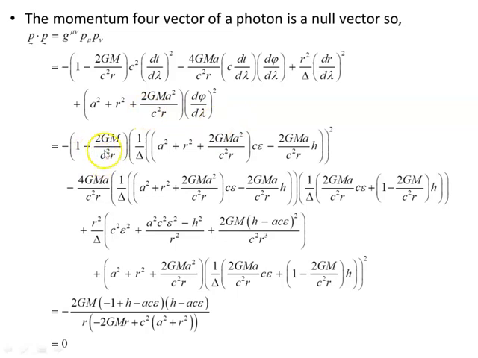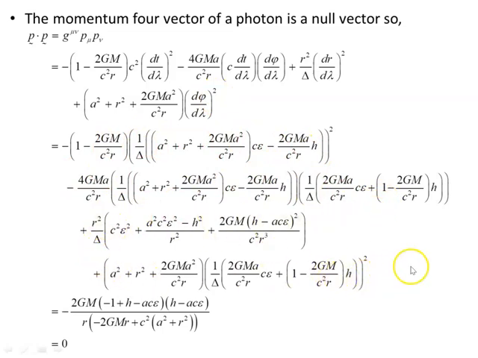Okay, expanding that out, because we're putting in the results we've obtained on the last two slides: dt d lambda is t dot, put that in there, phi dot in here, t dot in here, r dot in here, squared, and phi dot in here, squared. Putting those in, we get all of this.